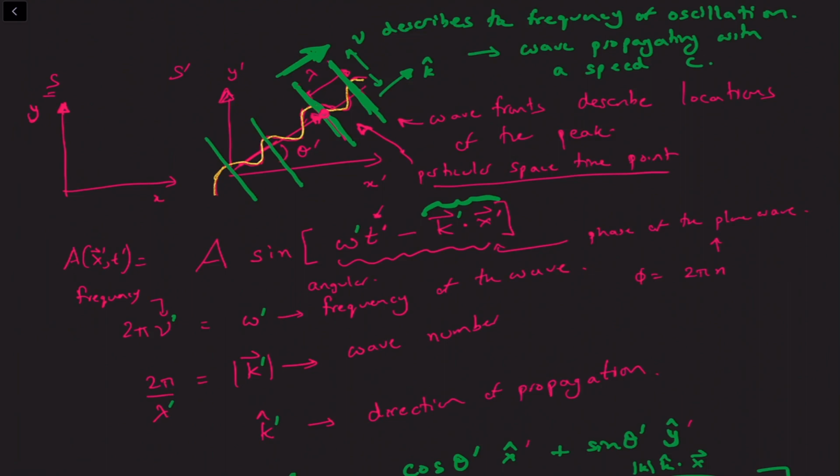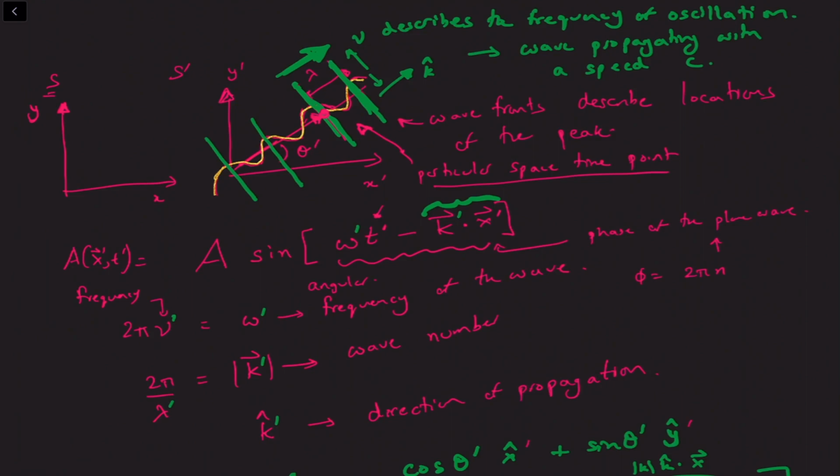In fact, we would expect them to disagree, since we know that time is measured differently in frame S as compared to frame S prime. And lengths are measured differently, so the wavelength should also change in frame S relative to the frame S prime. However, the thing that should still be the same is the speed of light as measured in the frame S.